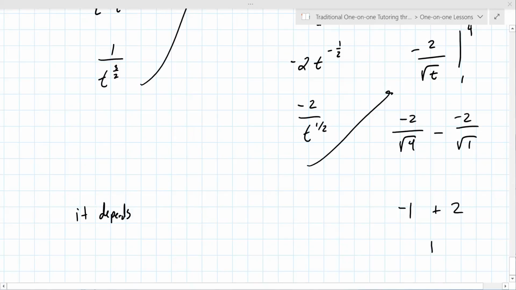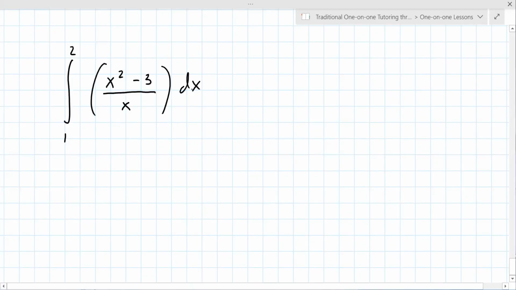So it's kind of a similar variation to this problem here. Let me grab this. So you could be asked something like this: the integral of x squared minus 3 divided by x dx.